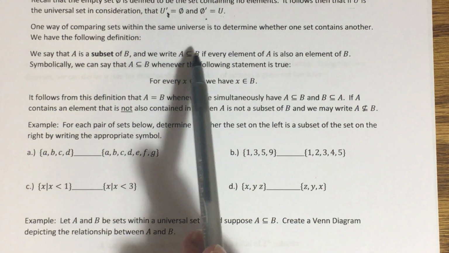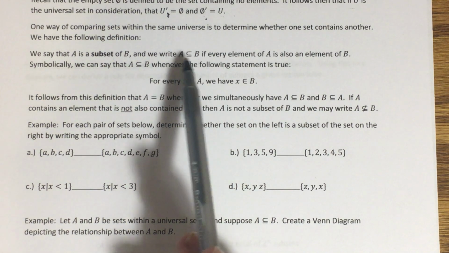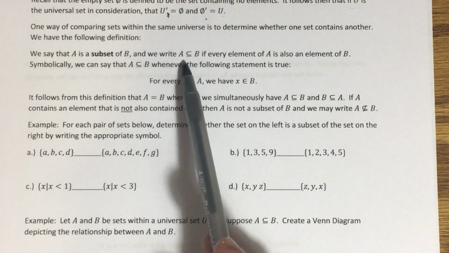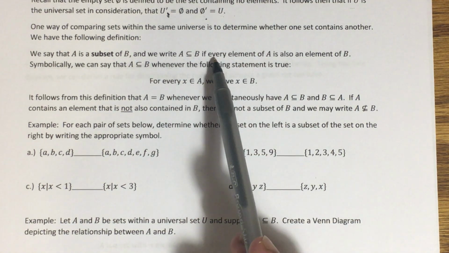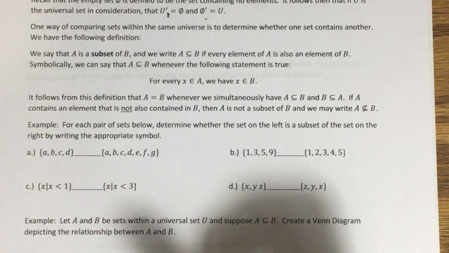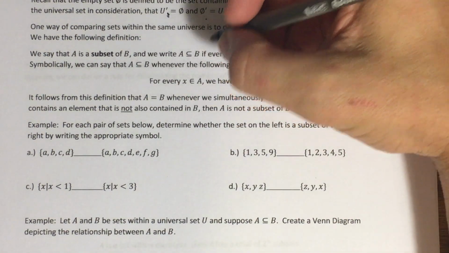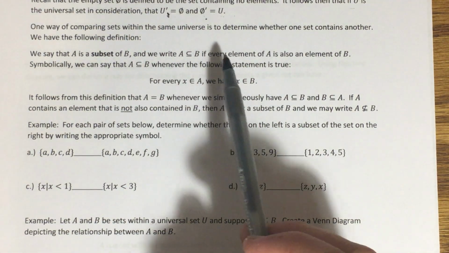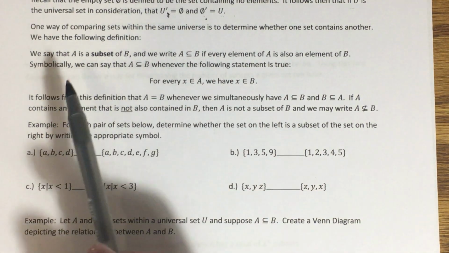It looks like a sideways capital U with a line under it. That says A is a subset of B, and what this means is that every element of A is also an element of B. I was going to cross off that "if", but that does belong there. Okay.